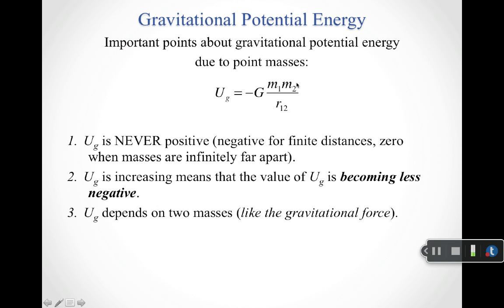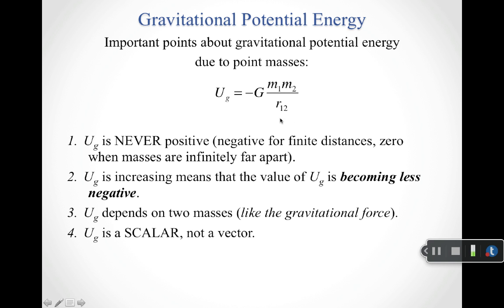Critically important, particularly when we start differentiating between potential energy and potential, it's critically important to understand that the potential energy depends on two masses, like the gravitational force. It's also critically important to remember that the potential energy is a scalar. It's not a vector. There's no vector notation here.